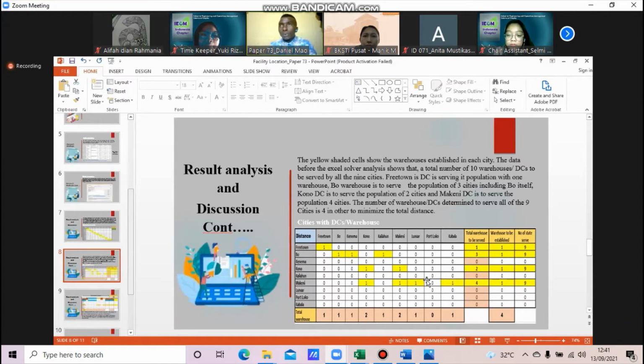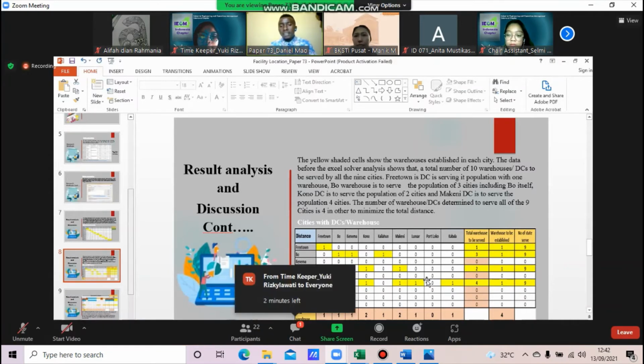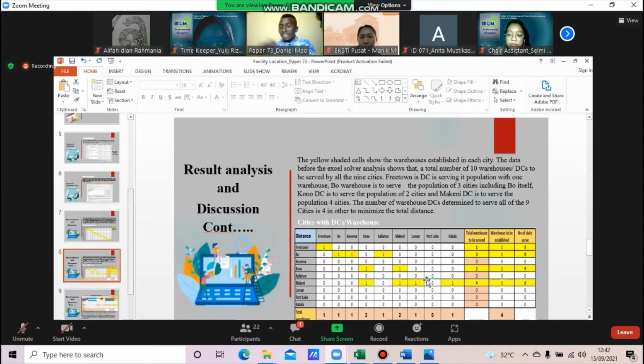We look at it that this is really huge, but we want to minimize the total distance to cover, because the aim is to minimize the distance and save cost so that the customer's demand is met in a timely manner. The Excel Solver helps us with these distances. From Freetown to Freetown, we have just one warehouse, and this warehouse will serve Freetown itself.